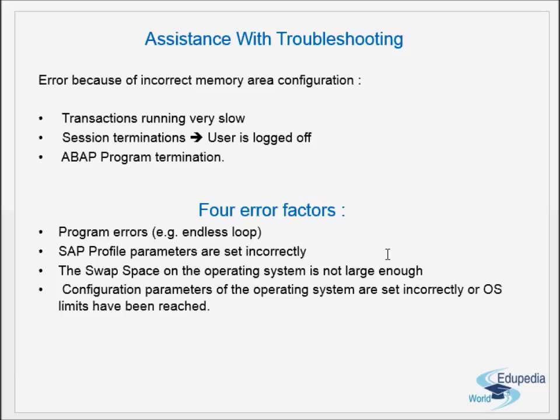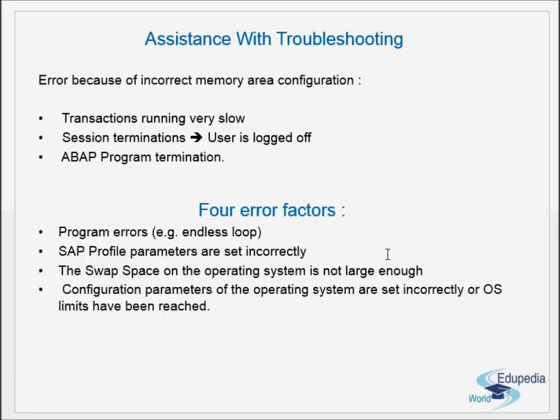And the next one is the swap space on the operating system is not large enough, and the configuration parameters of the operating system are set incorrectly or the OS limits have been reached. Because the SAP system also uses the operating system, the swap space and the paging file, the operating system memory configuration also has to be done correctly.